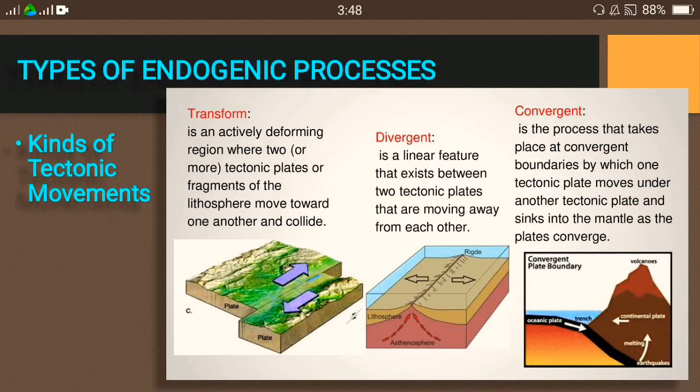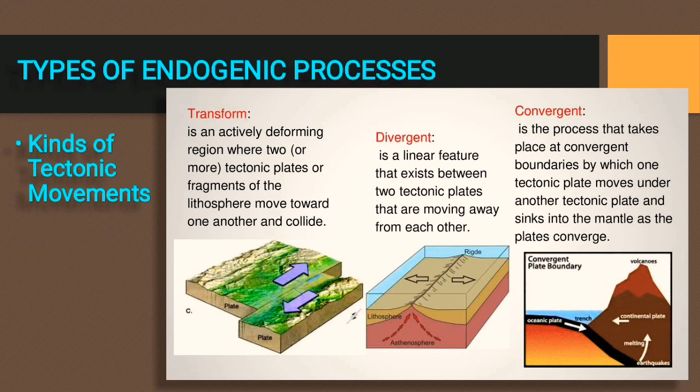Okay, we have kinds of tectonic movements, and we have the major plate tectonic boundaries. We have the transform plate tectonic boundaries, divergent plate tectonic boundaries, and convergent plate tectonic boundaries. In the transform plate tectonic boundaries, these are the places where plates slide sideways past each other, like what the pictures illustrate.